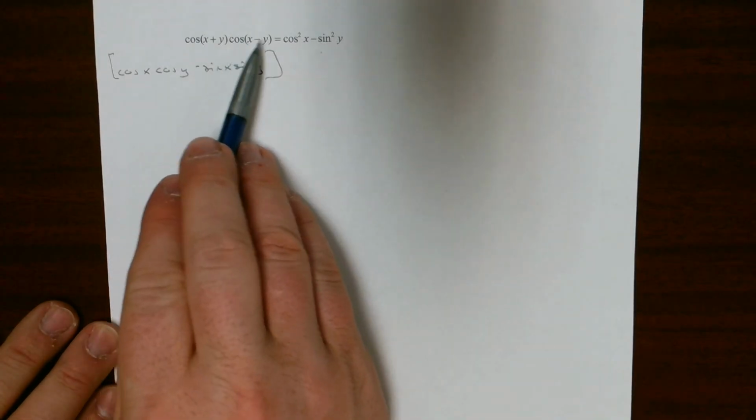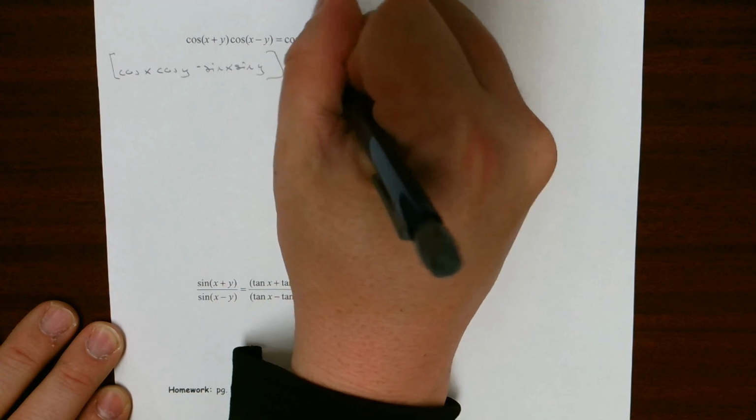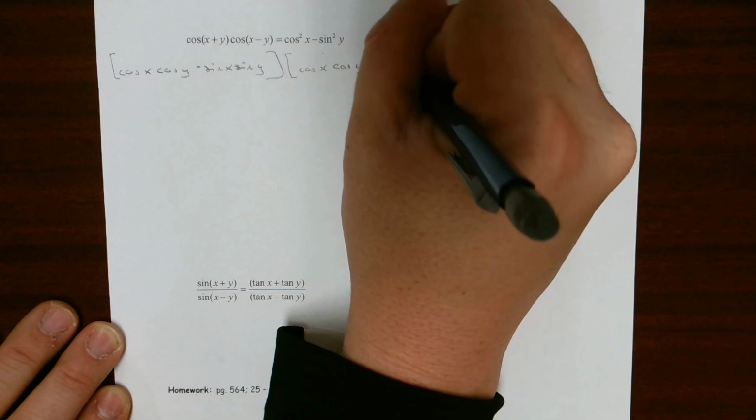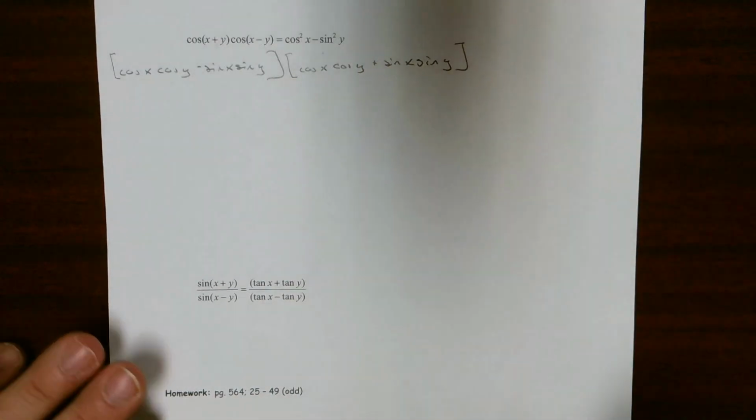Now, cosine of an angle minus an angle is equal to cosine first angle, cosine second angle, plus sine first angle, sine second angle.